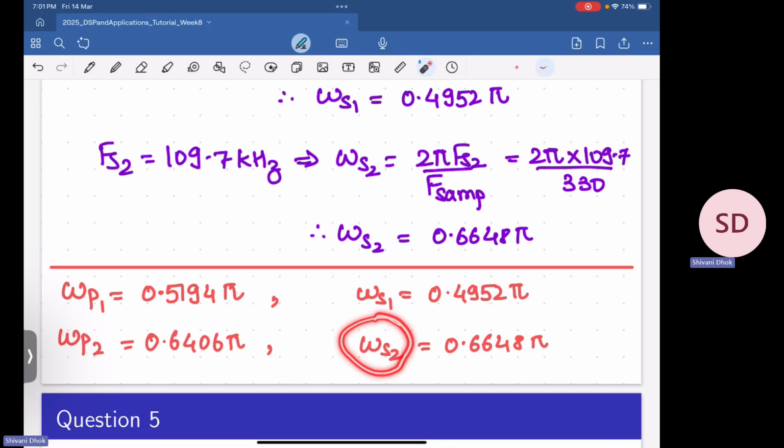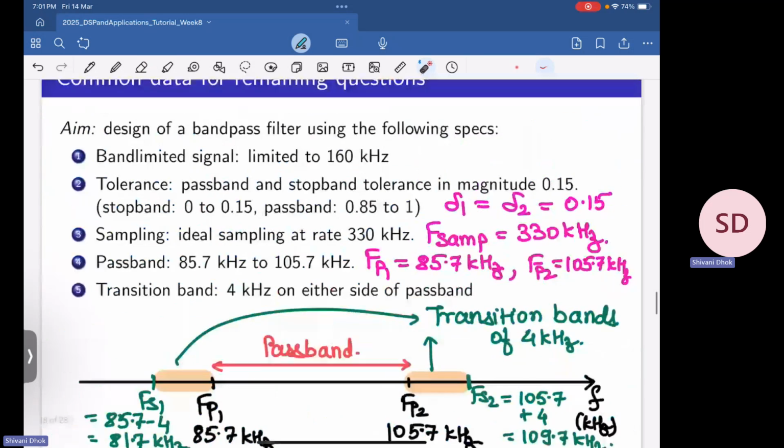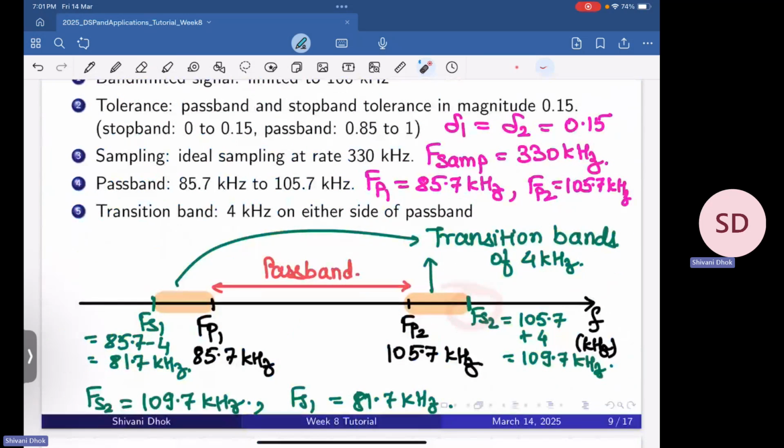Similarly, this omega S2 should be higher than omega P2. Same story. Why? Because this is an upper stop band edge and this should lie further away from our second pass band edge. So this Fs2 is greater than our Fp2, which means that omega S2 should be higher than omega P2. Is it happening?